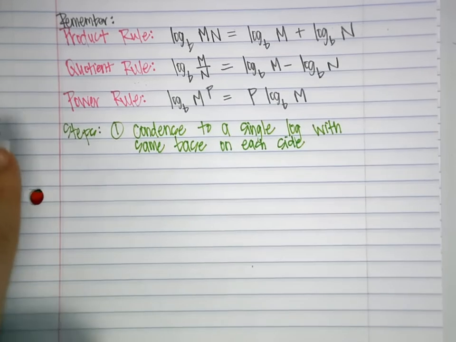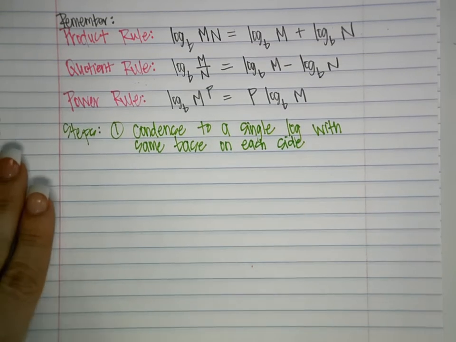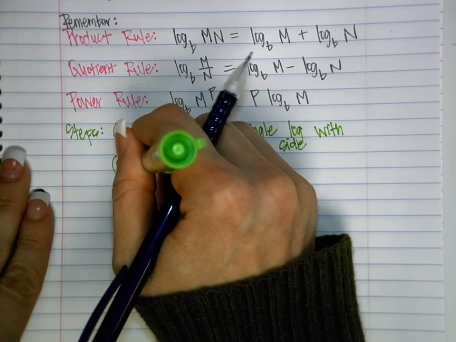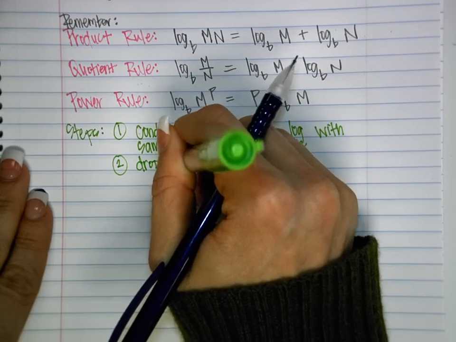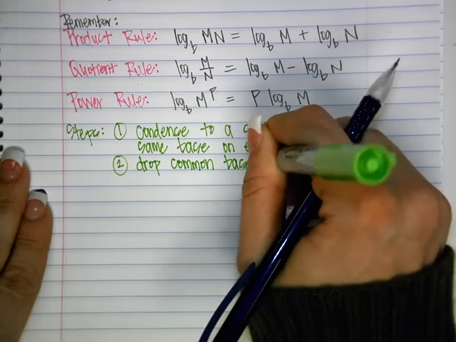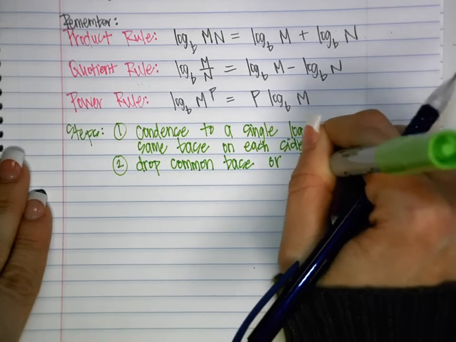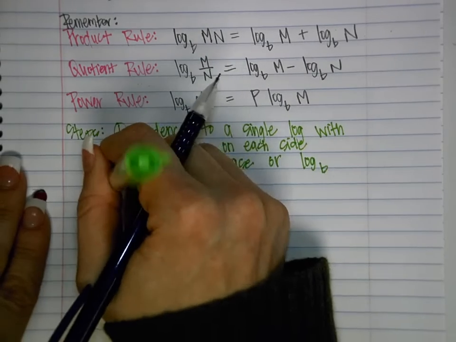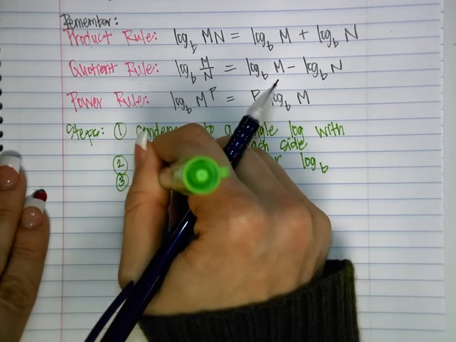Okay, that's your first step when we're solving log equations. Step 2 is to drop the common base, or the log base. And then step 3 is to solve for x.